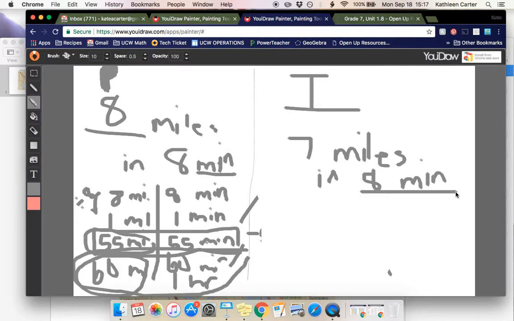Takes him the same amount of time, but he is going a shorter distance. So we could scale that up if we wanted. We could say, well, in an hour, how much would he be able to travel? But we can also just scale it down to 1 minute. How much is he going to be able to travel?